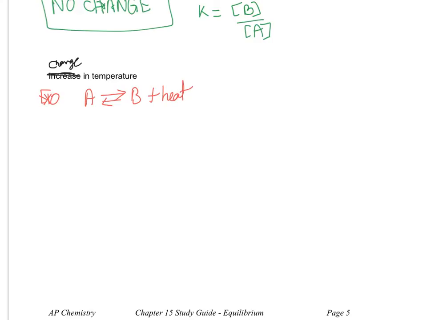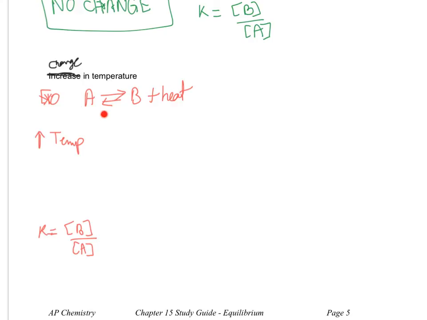Okay, so now let's say that I increase my temperature. We said that K is the concentration of B over the concentration of A. In this reaction, if I were to increase the temperature, I'm adding more heat. Which way would it shift? It's going to shift to the left.